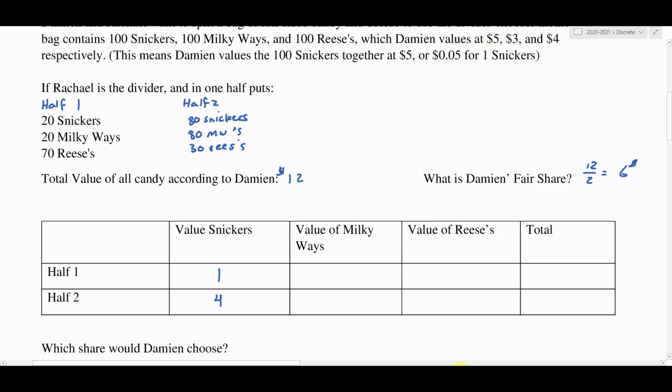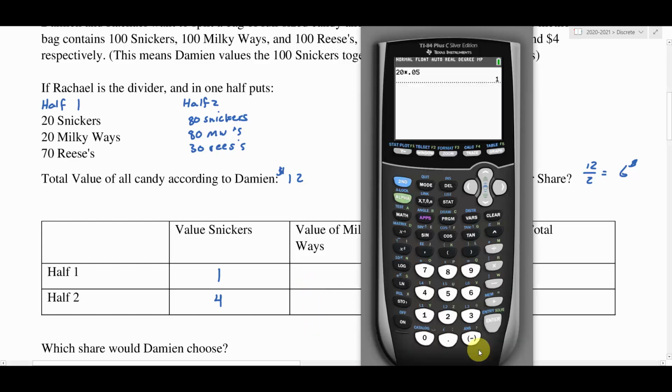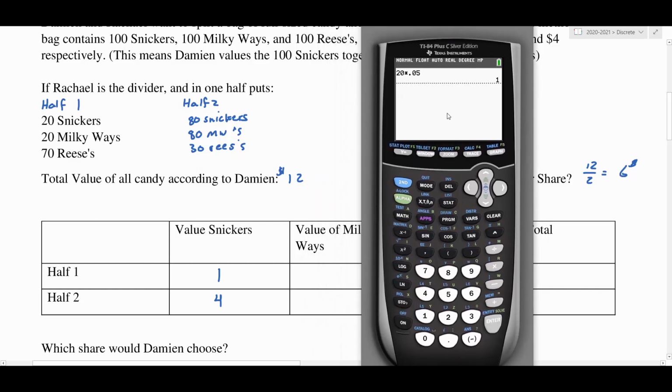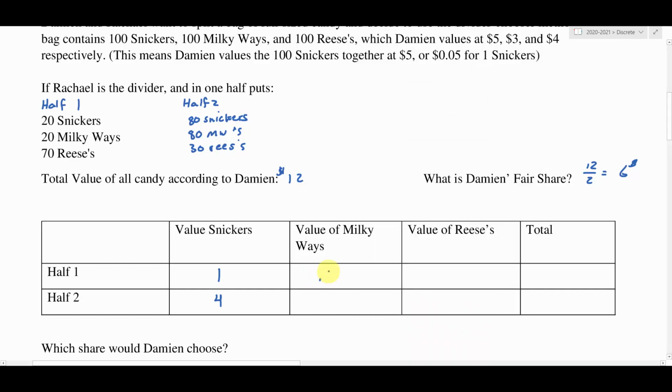Now I'm going to do the same thing with the Milky Ways. Remember, the Milky Ways were worth 3 cents. So we've got 20 Milky Ways. We'll do 20 times 0.03, and we get 60 cents worth of Milky Ways. So I'll put a 0.60 here. And remember, all of the Milky Ways were worth $3. So that means the remaining Milky Ways that are in half two have to be worth $2.40.